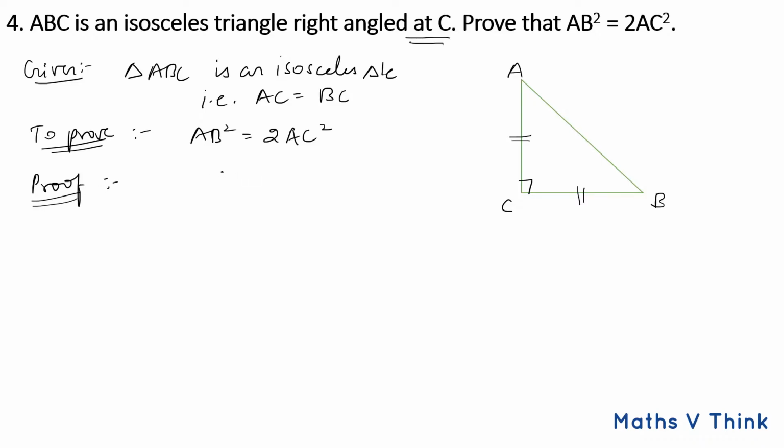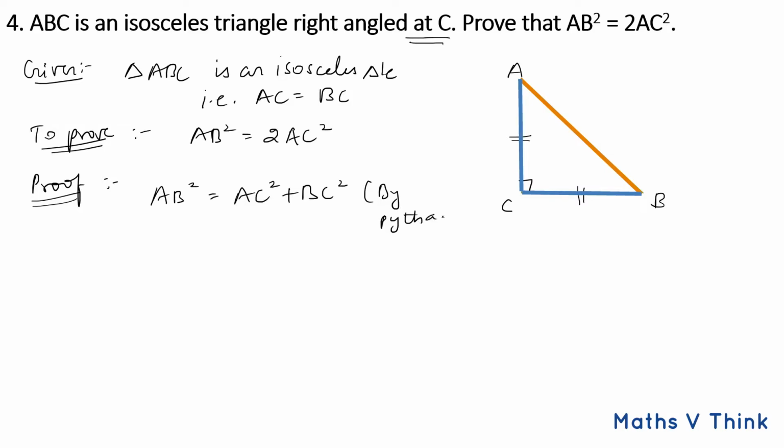We know triangle ABC is a right triangle. So by Pythagoras theorem, can I tell AB square is equal to AC square plus BC square? Now we know AC is equal to BC. So in place of BC, can I substitute AC?